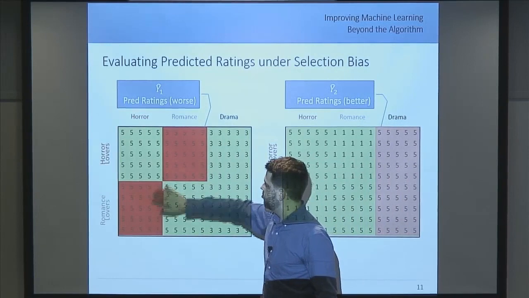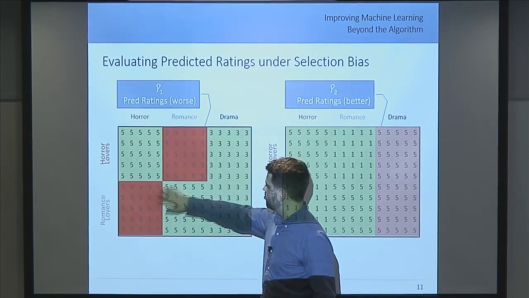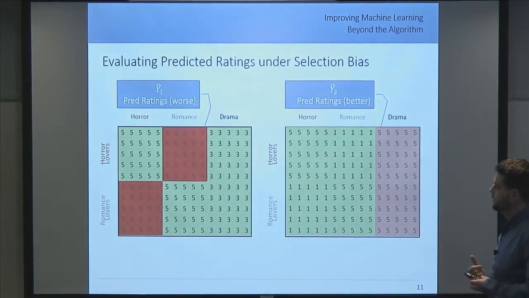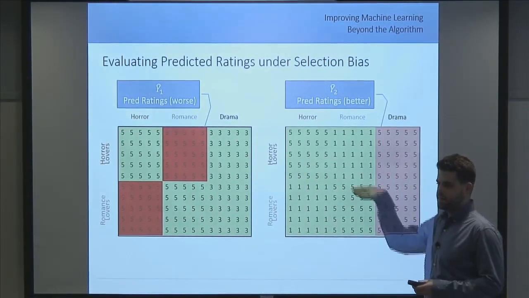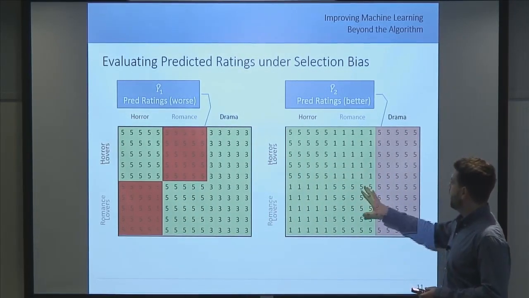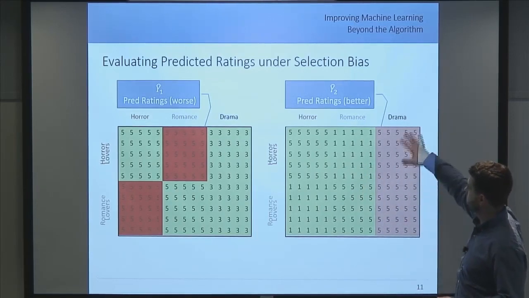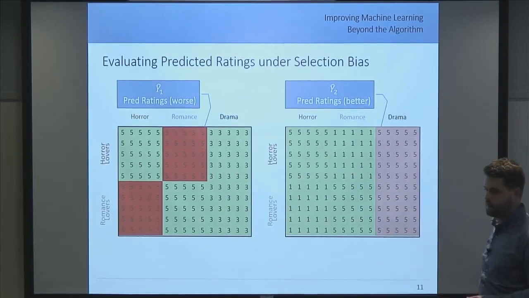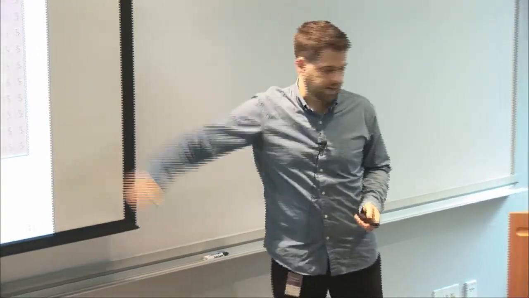So you would have a lot of errors here. I've indicated that in deep red. Now, the second policy is better because it recognizes that there's this diagonal structure. However, it makes a small error on the drama movies by predicting 5s. And I've indicated that in light red.